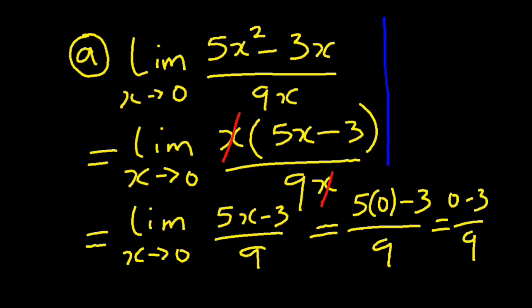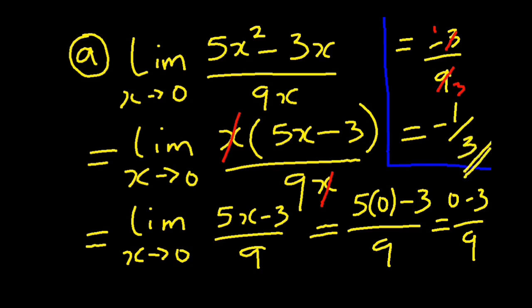So it's left minus 3 over 9. 3 goes in 3, we have 1. 3 goes in 9, we have 3. So it's left minus 1 over 3.